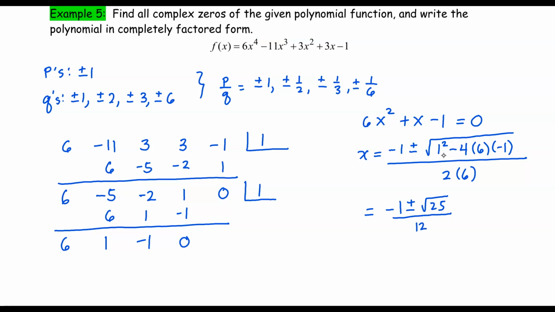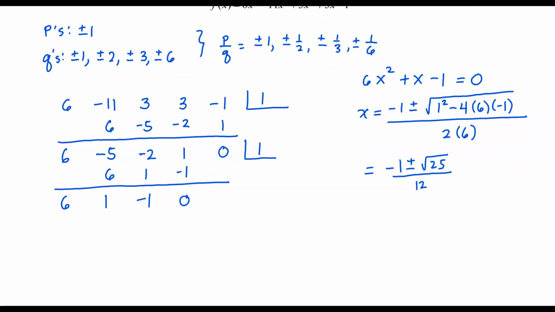The square root of 25 is 5. So we have negative 1 plus or minus 5 all over 12. Negative 1 minus 5 is negative 6 over 12, which is negative 1/2. The other one, negative 1 plus 5 is 4, divided by 12 is 1/3.